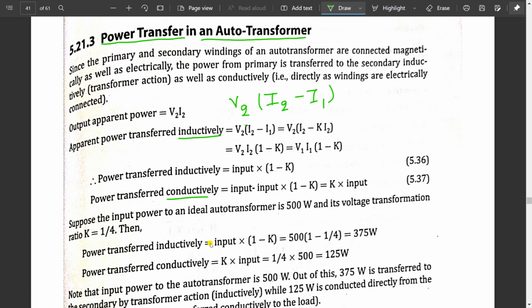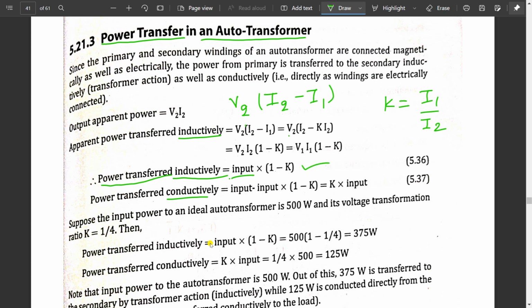You can observe in the circuit diagram, if I multiply V2 and I2, and we know K is equal to I1 by I2, then the inductively transferred power is equal to input into 1 minus K.